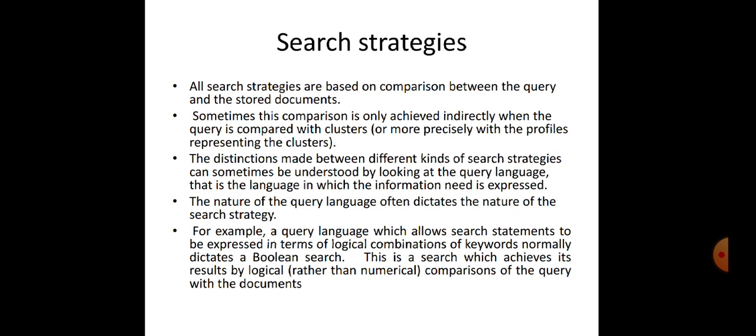In Boolean search, we provide the queries as a logical combination of words. Then using that search, we can find the relevant documents. From this we can infer that the search strategies may depend upon the query language. Hope it is clear.